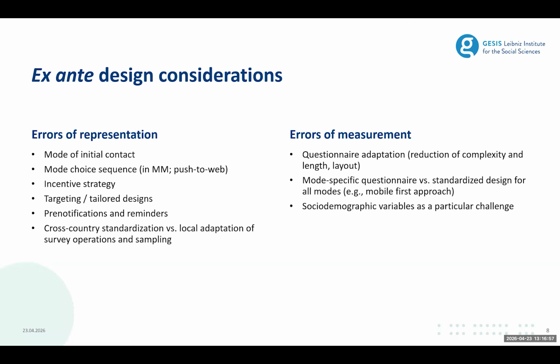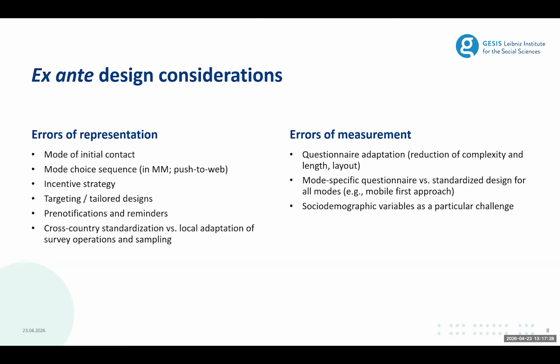Regarding errors of measurement, we can consider the questionnaire design beforehand. Some survey programs tend to reduce questionnaire length and complexity in order to also reduce cognitive burden. The evidence regarding that and errors of measurement is mixed. But what definitely needs to be adjusted is the layout, as some filters and media may or may not work in certain modes.